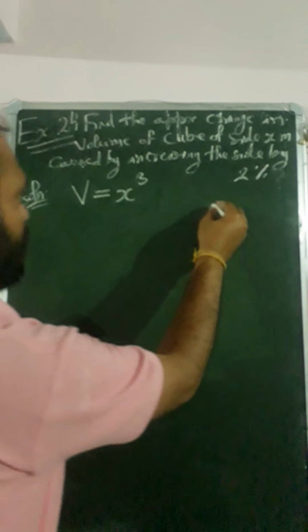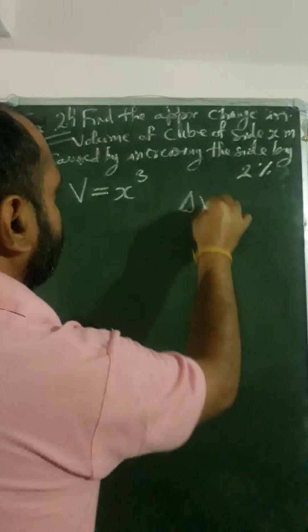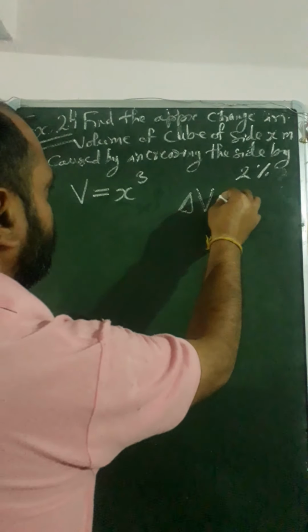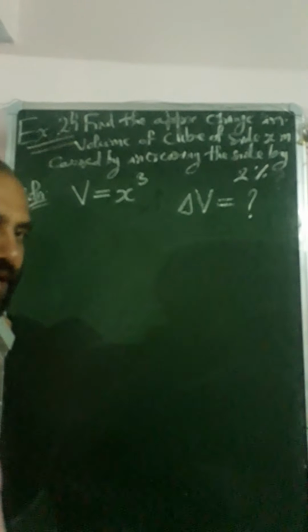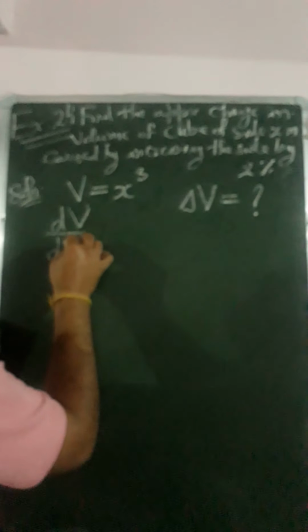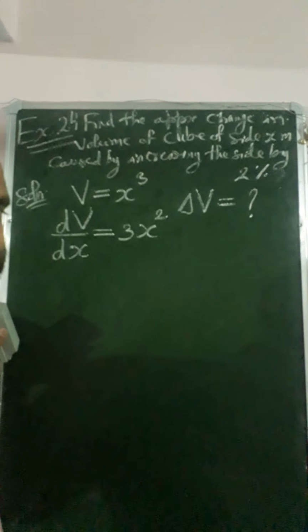Now you have to find delta V, the approximate change in volume. So firstly we differentiate it with respect to x, right? What is the differentiation? This is 3x square, right?